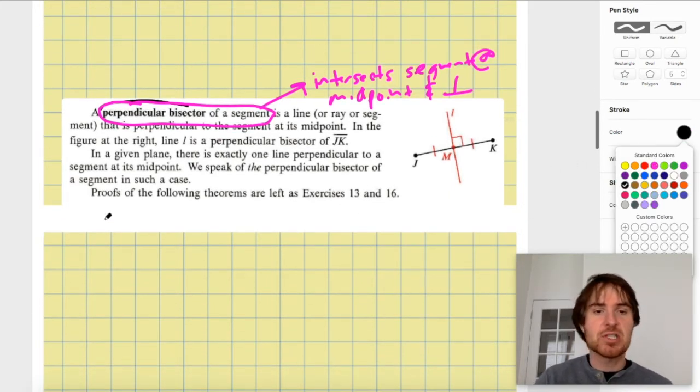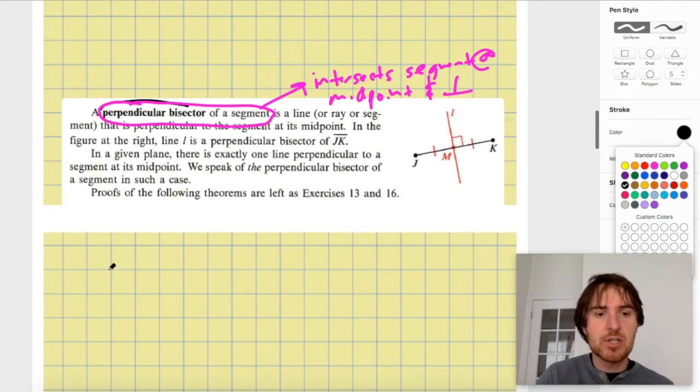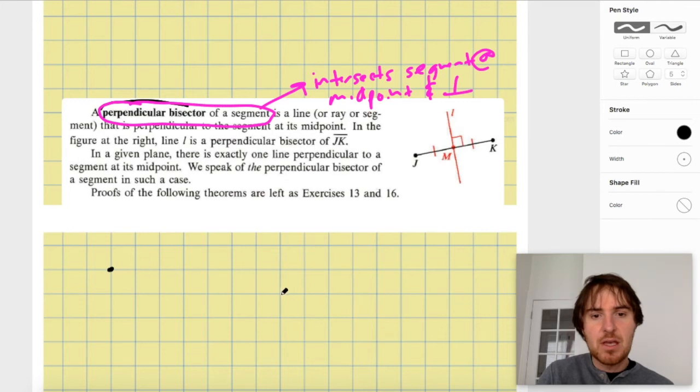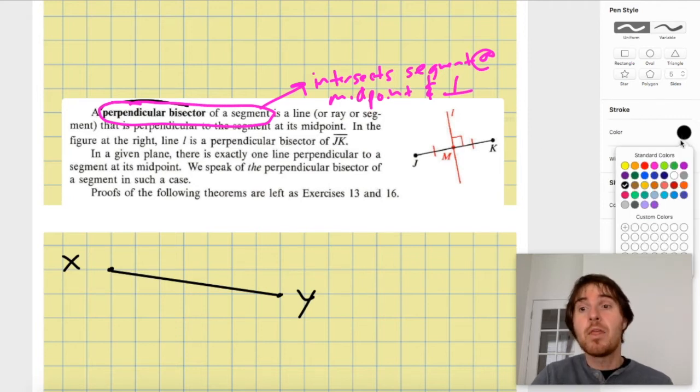It's confusing when they already have their sketches on here, which is why we need to do it on a chalkboard, or in a video like this. If I have a segment, we'll call this XY, through any 2 points I can draw a line segment, right? Through 2 points there is one line, so I'll include the segment that just connects those two. We have endpoints here. Any line segment has exactly one line that's a perpendicular bisector, okay?